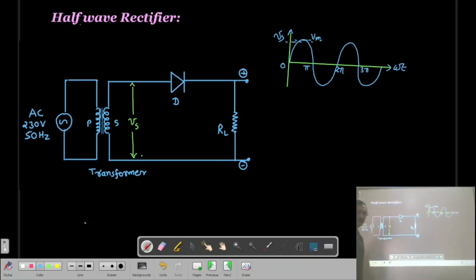Remember, this secondary voltage is represented as Vs equal to Vm sine omega t.